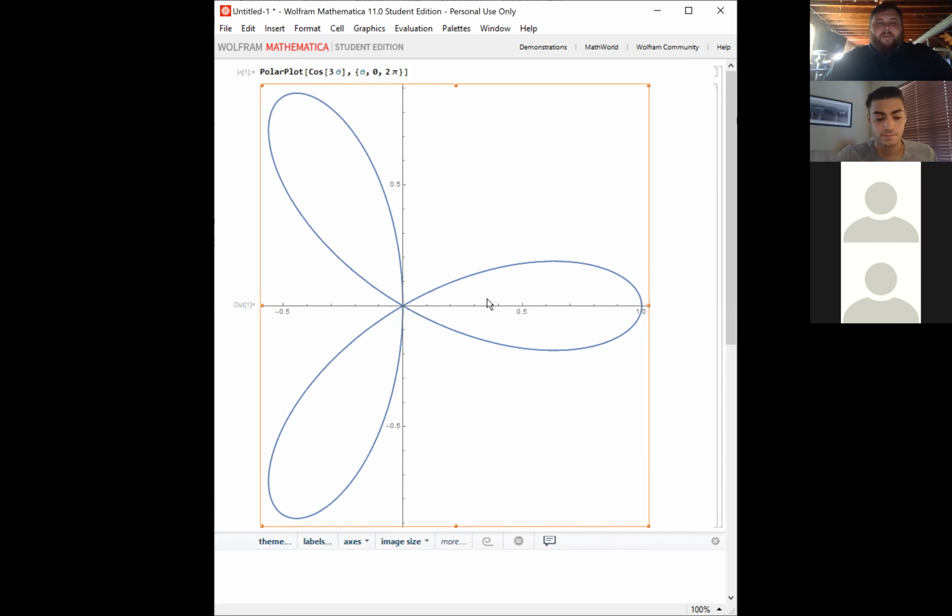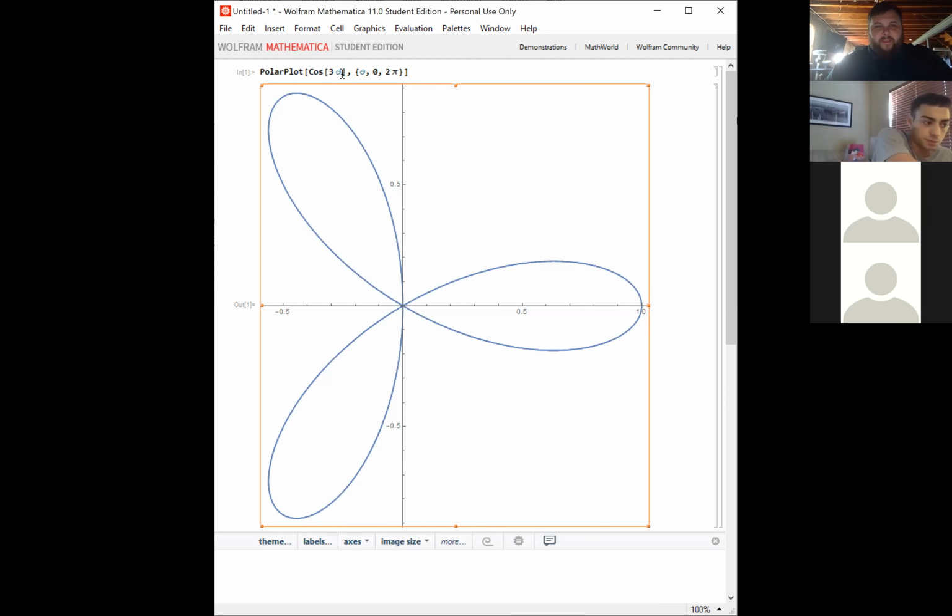And now the question is, okay, how do I get this entire leaf? Well, remember that this function is r equals some function of theta, right? So any value that you get along here represents r. So if I'm back here at the origin, or the pole, right, for polar coordinates, my radius there is 0.